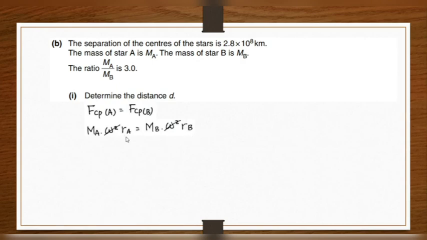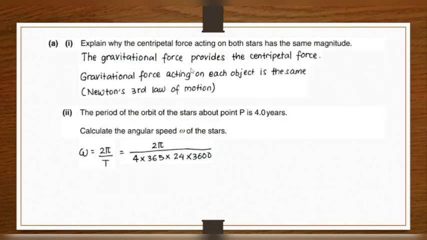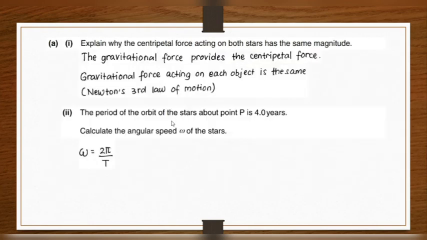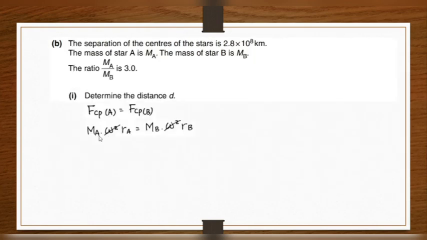RA is the distance from P to the center of star A. RB is from P to the center of star B. So here we have MA times RA equals MB times RB.